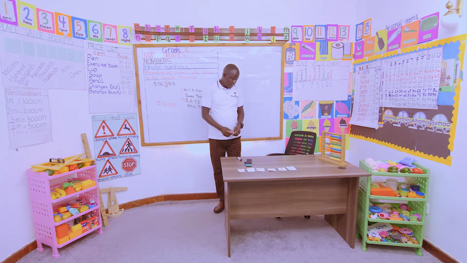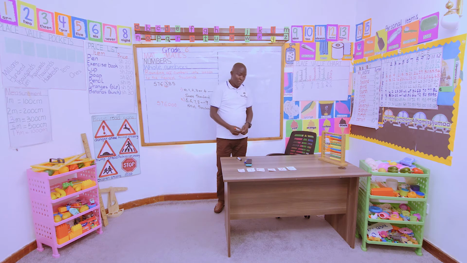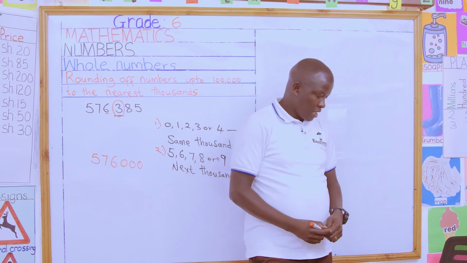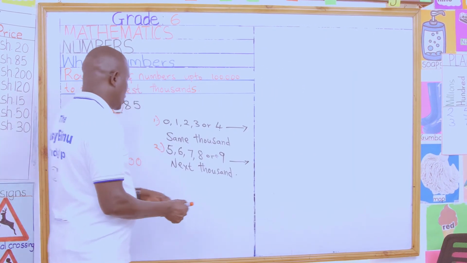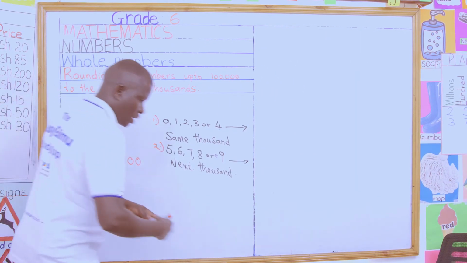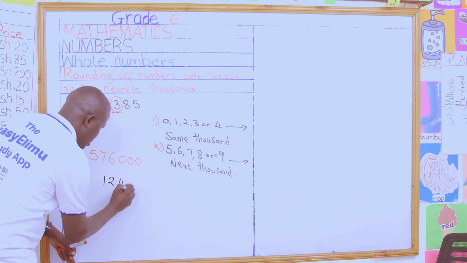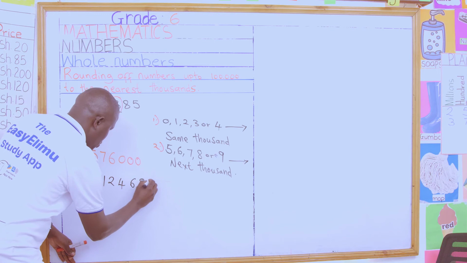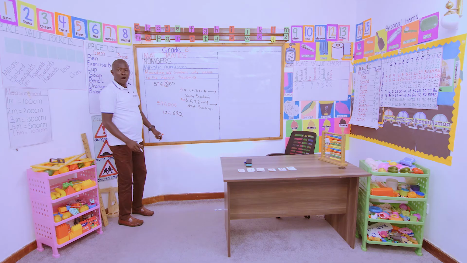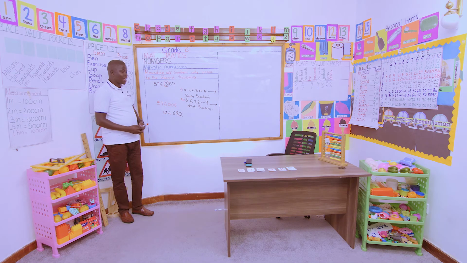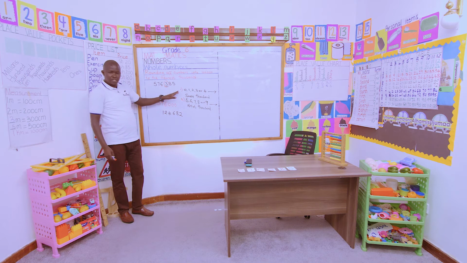Let us try another example: 124,682. Round this number off to the nearest thousands. We use the same concept.